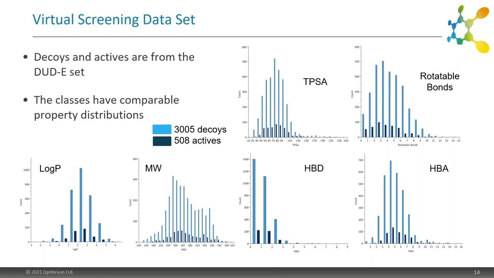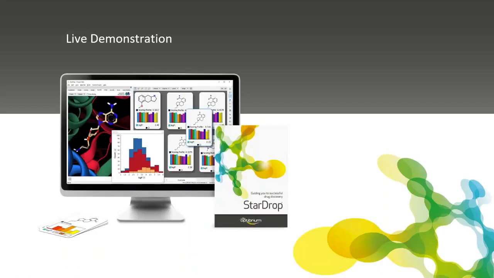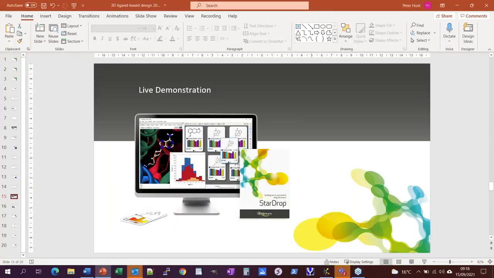These are decoys and actives that have been extracted from ChEMBL for poly-ADP ribose polymerase 1. We have 3,000 decoys and 500 actives, and as was the design, this is just to show you that with simple physicochemical properties, there really is no differentiation between these two sets. And so with that, I will come out of the presentation and I will go into StarDrop.